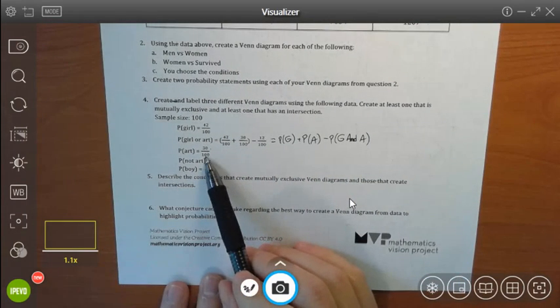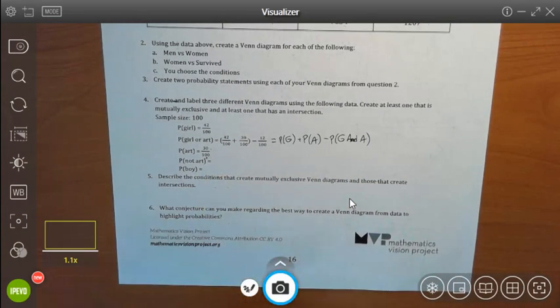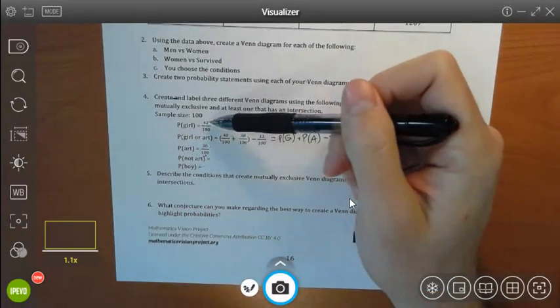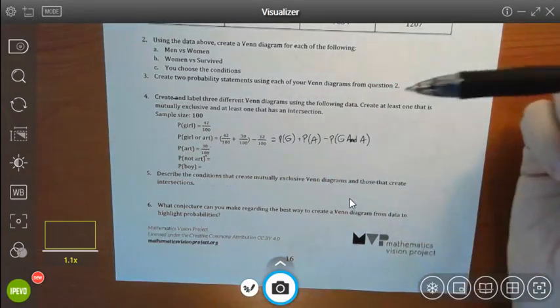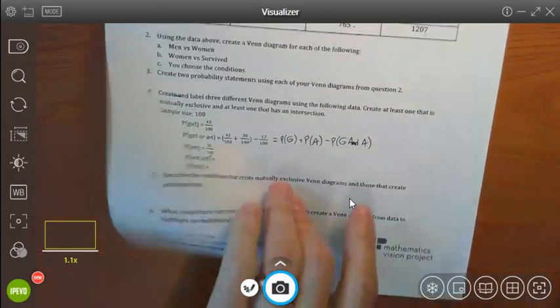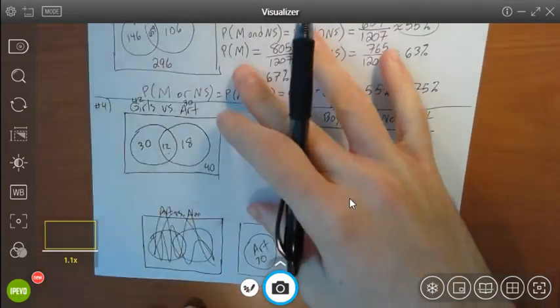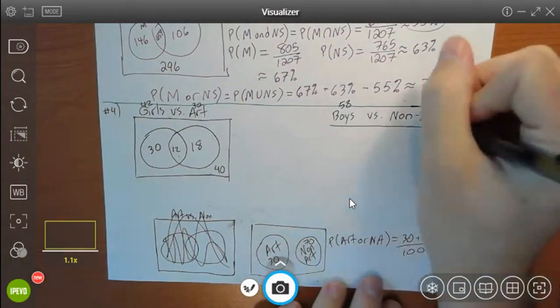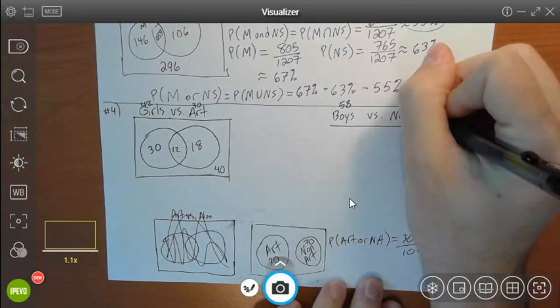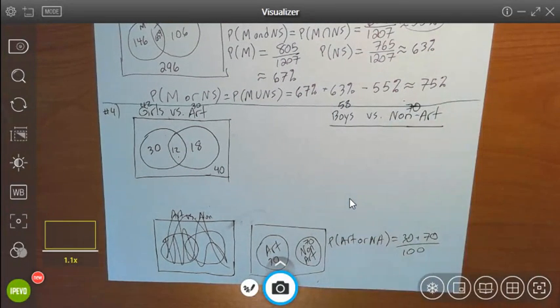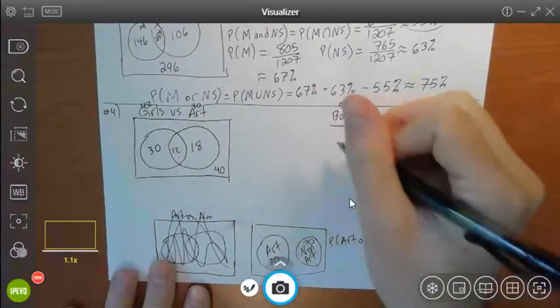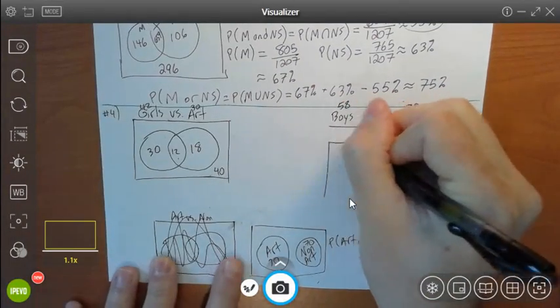So if there are 30 art students, that means there's 70 non-art students. And if there's 42 girls, non-girls would be the other 58 people. And so we have 70 non-art students. So let's start filling in our Venn diagram here.